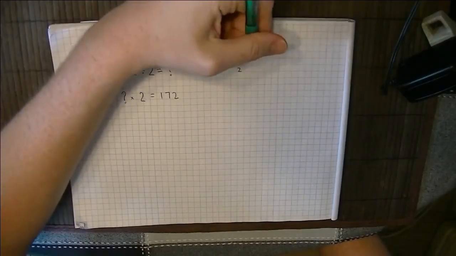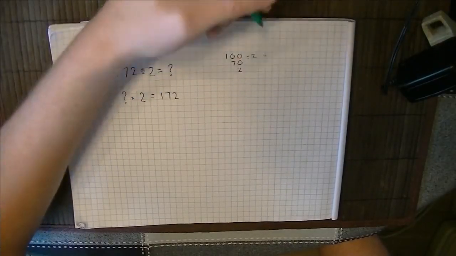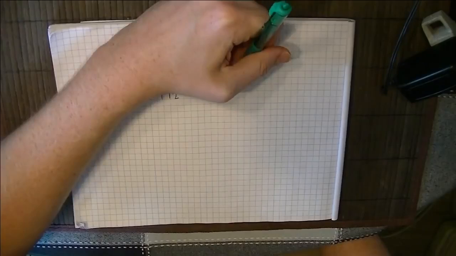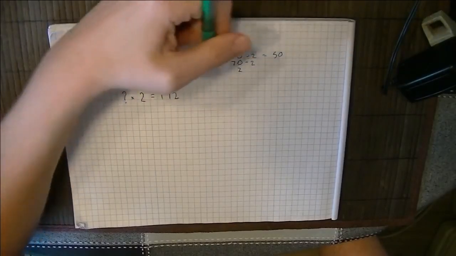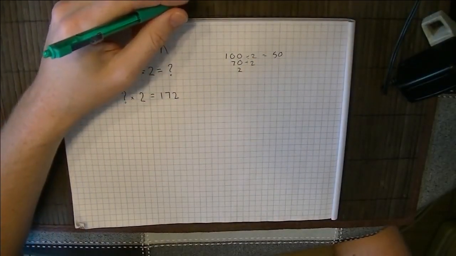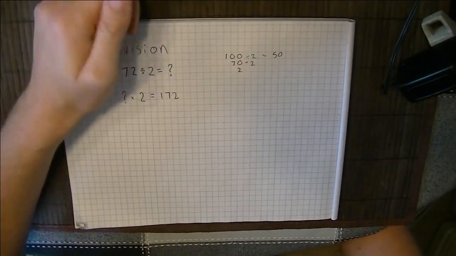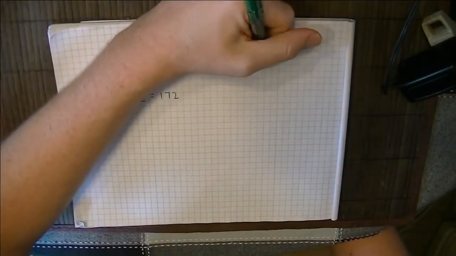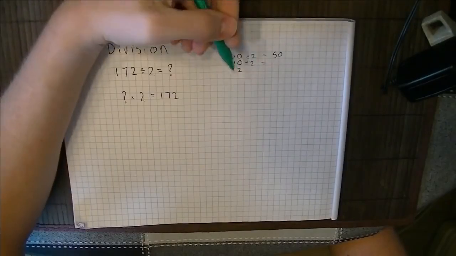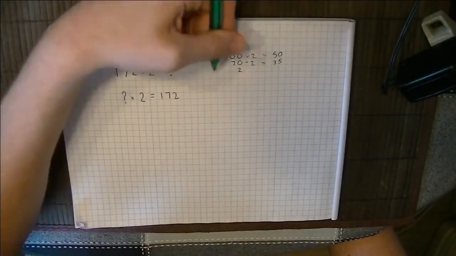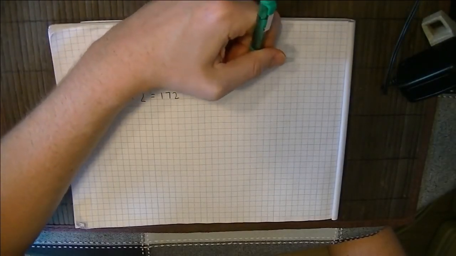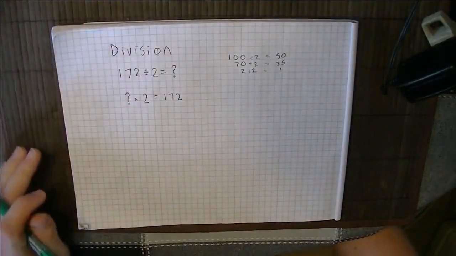So 100 divided by 2, that's 50, and 70 divided by 2, well, half of 7 is 3.5, so half of 70 is 35, right? So half of 70 is 35, and then 2 divided by 2 is 1. Hopefully that's not a surprise for anyone.